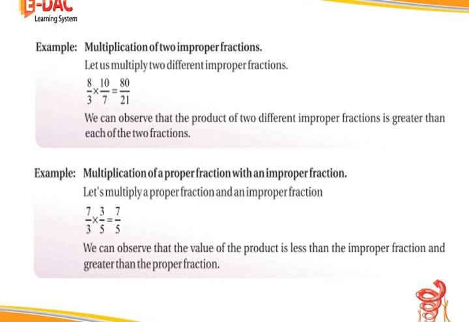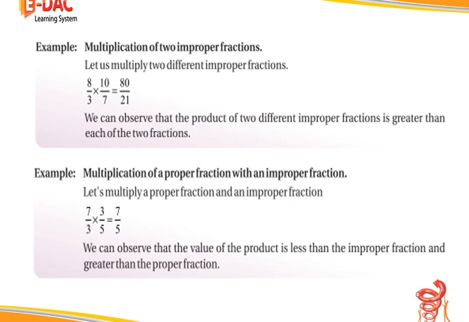Now let's see an example of multiplication of two improper fractions. So we have here 8 upon 3 multiplied by 10 upon 7, and our answer is 80 upon 21. So we observe here that the product of two different improper fractions is greater than each of the two fractions.